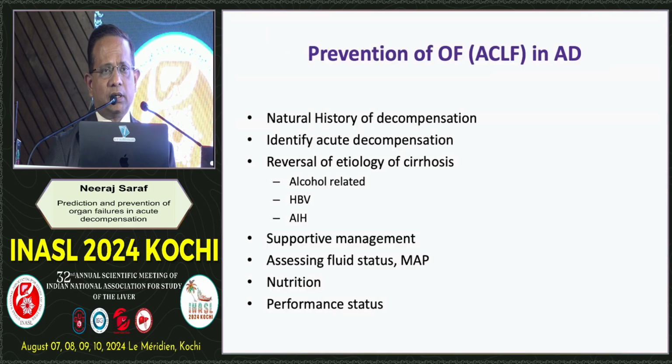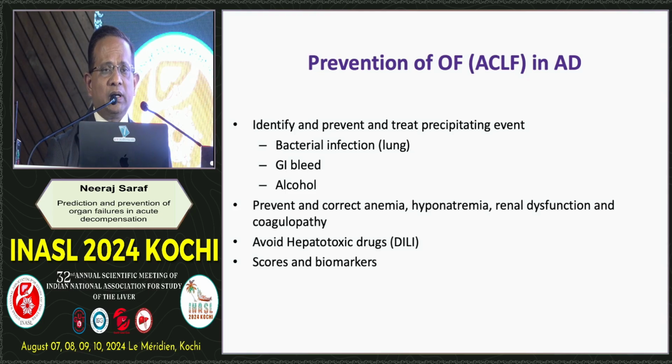So we looked at how to predict ACLF, what are the precipitants, and how do you prevent it. Obviously you have to identify the acute decompensation. You have to see if there is any reversal of the etiology of cirrhosis. I'm not going to talk of details of supportive treatment, assessing fluid status, nutrition, etc. Most importantly, I think you have to identify and treat the precipitating factor, which is bacterial infections, GI bleed, and alcohol.